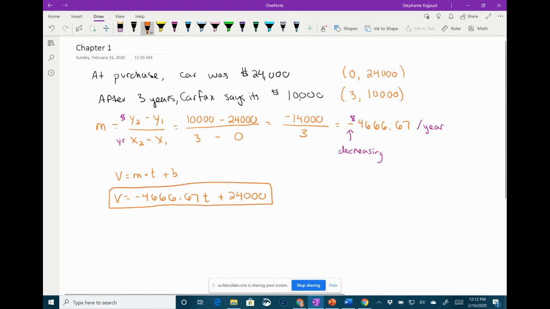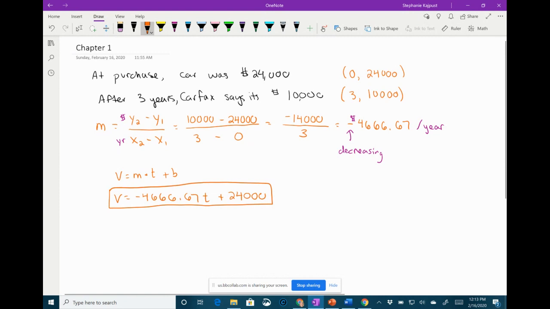And so that would give us a linear equation that will model the value of the car. You just plug in how many years you've owned the car, and that would give you your value. So, like I said, we're making an assumption that it's decreasing by the same amount each year, which is not necessarily true in reality, but will work for our purposes.